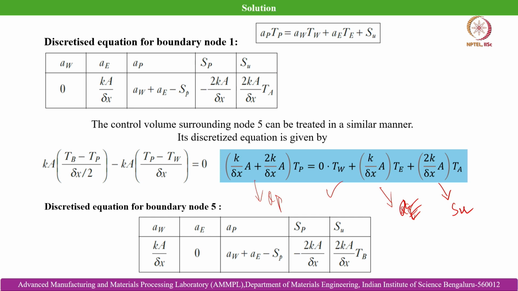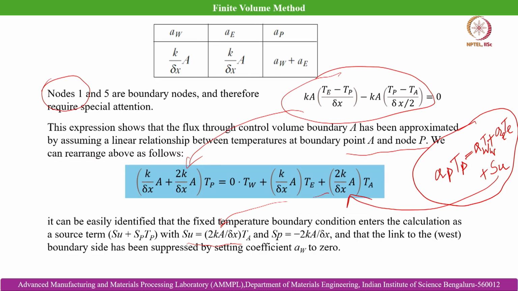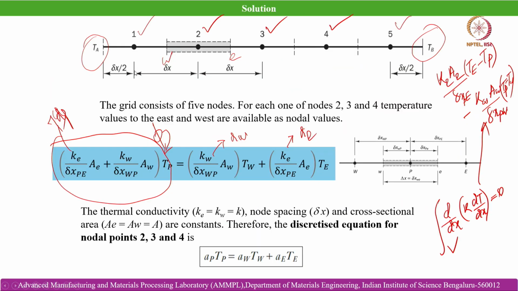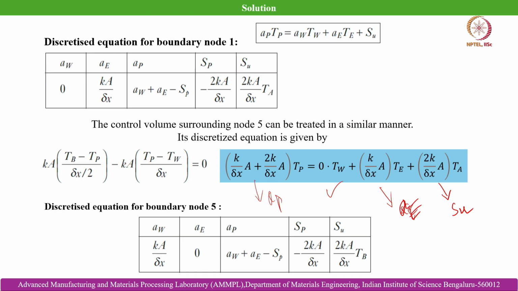In this case, because the boundary is situated toward the east face of point 5, you can see over here that it is situated at the east face and not at the west, like in the previous case of node 1. That is why there is a difference.